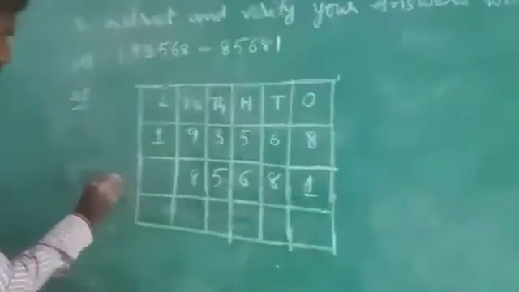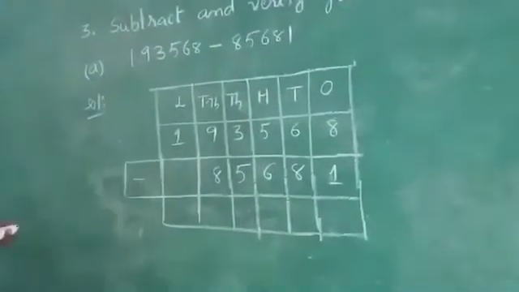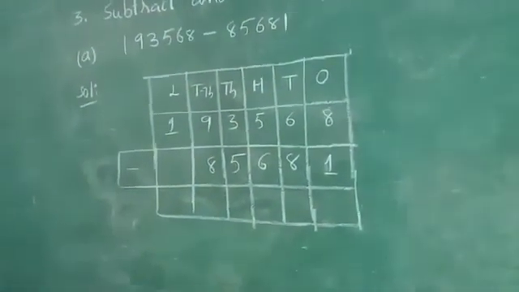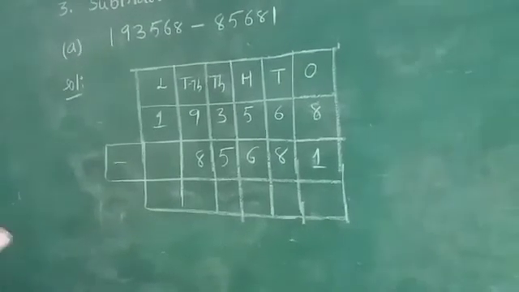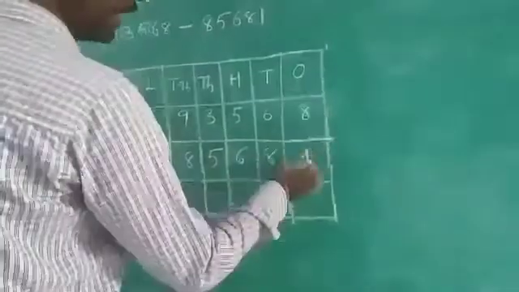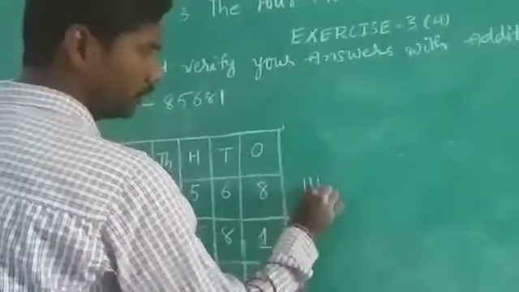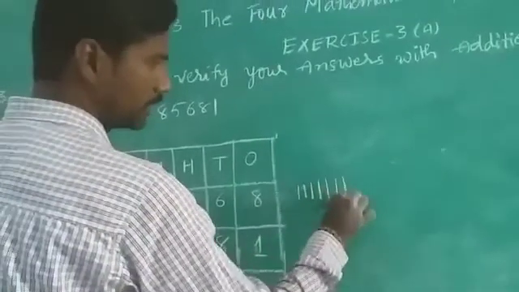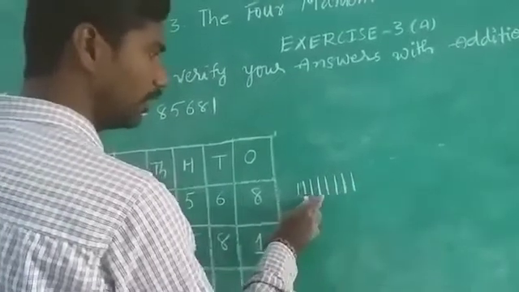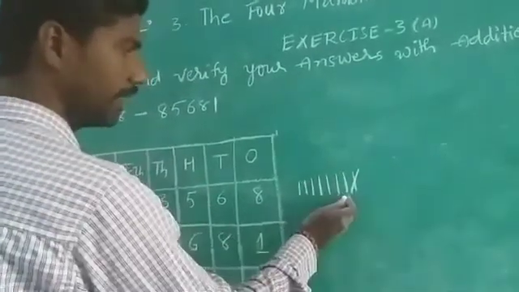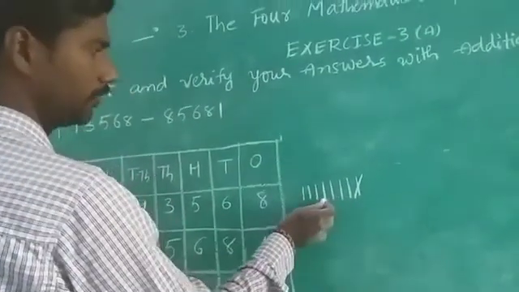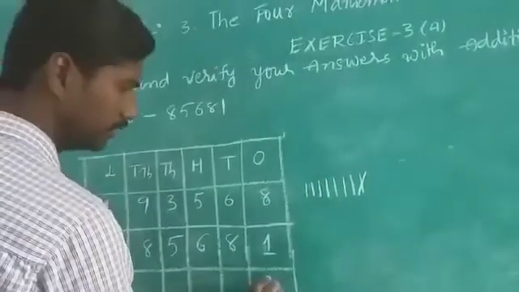We need to do the simple subtraction. How will you do it? See, 8 minus 1: 8 is there, you cancel 1, how many are left? 7. So you will write 6.